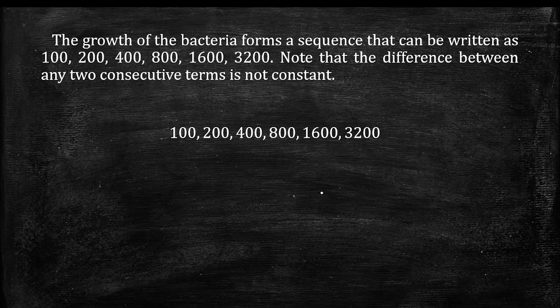Note that the difference between any two consecutive terms is not constant. So, let's check if that is true. 100 and 200, the difference is 100. 200 and 400, the difference is 200. 400 to 800, the difference is 400. 800 and 1,600, the difference is 800.